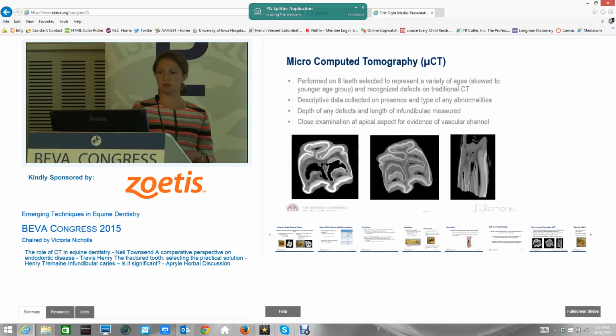So to that effect, micro-CT was performed on 8 teeth selected to represent a variety of ages, but of course skewed towards a younger age group looking for those vessels. And the teeth were also picked if they were recognized to have defects on traditional CT. And then descriptive data was collected as far as that was concerned.